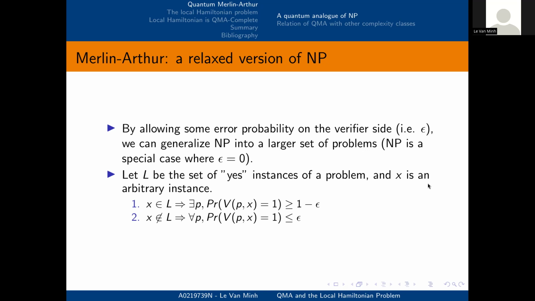And if X does not belong to L, it is a no instance, then for every proof that Merlin can produce, all of them will have a very low acceptance probability. Essentially, there is no good proof if the instance is no. So you can easily see how this parallels NP.